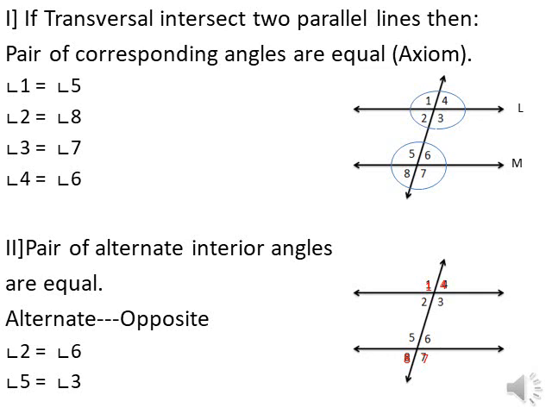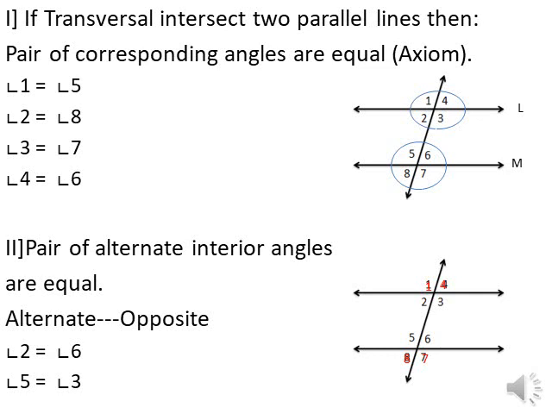Now in this figure, can you see line L is parallel to M, it is given, cut by another line, we call it a transversal. Then we are getting here 8 angles, but we must know how to identify a pair of corresponding angles. Suppose I have drawn two circles here.